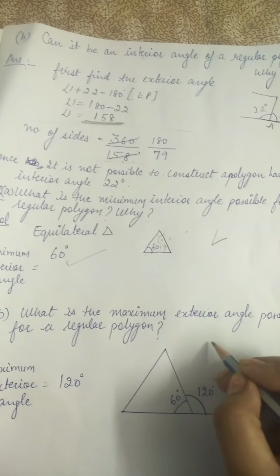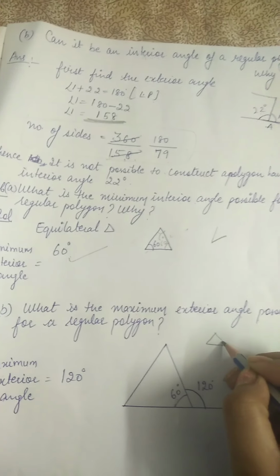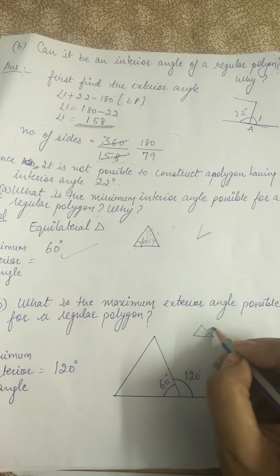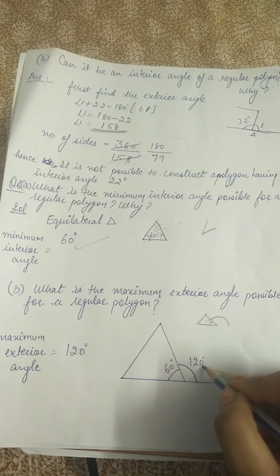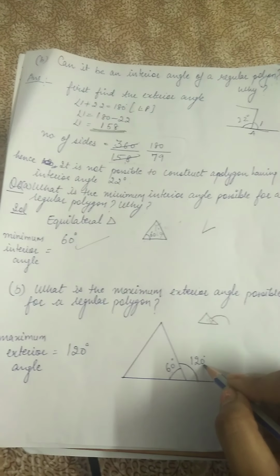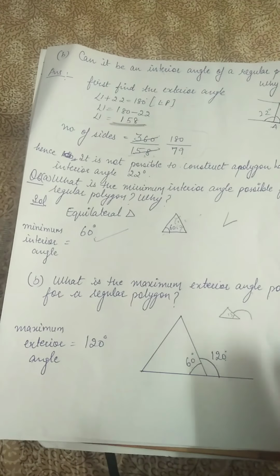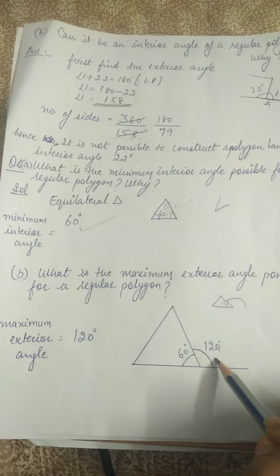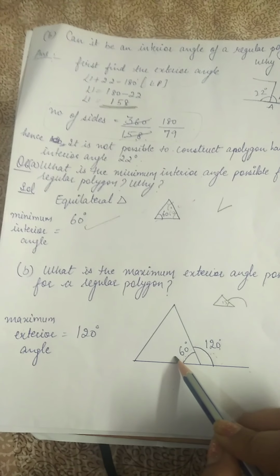See, in this triangle, when your interior angle is 15 degrees, your exterior angle is obviously greater than 120. So these are totally opposite to each other.